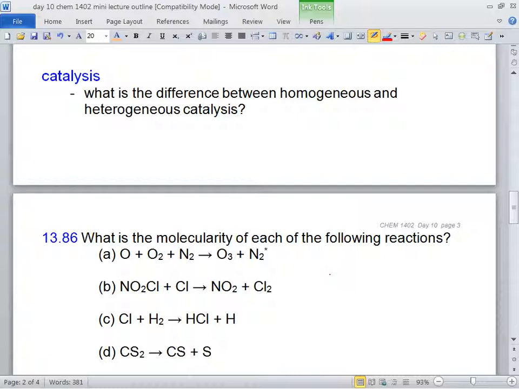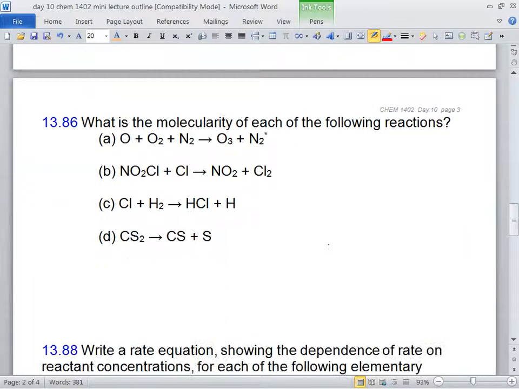So homogeneous and heterogeneous catalyst just means, what phase are the reactants? If the reactants are all a liquid, and your catalyst is a liquid, then that would be a what catalyst? Homogeneous. It's in the same phase.